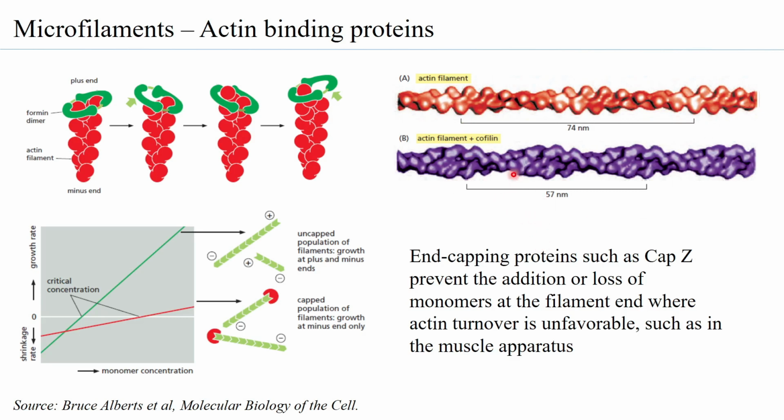So this is something that happens due to the binding of cofilin. Likewise, there are many actin binding proteins that can bind to actin and change its conformation, change its structure, change its architecture, and so on.